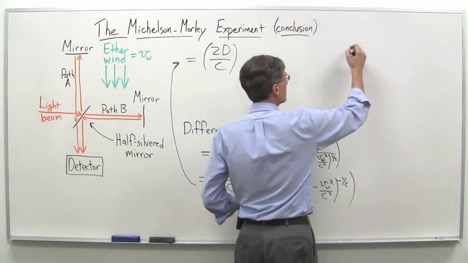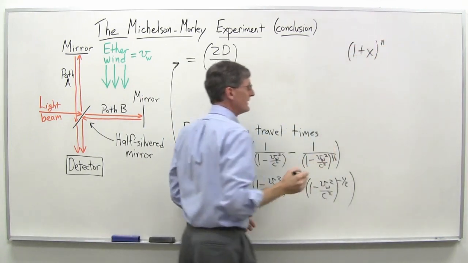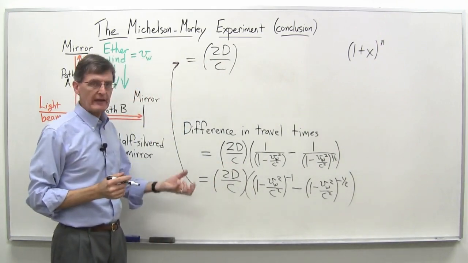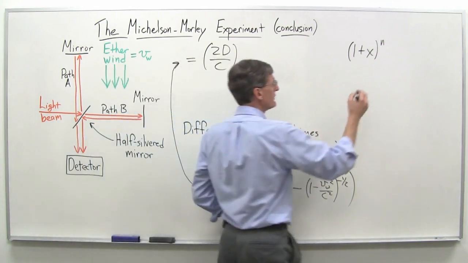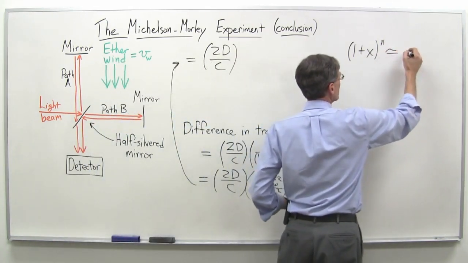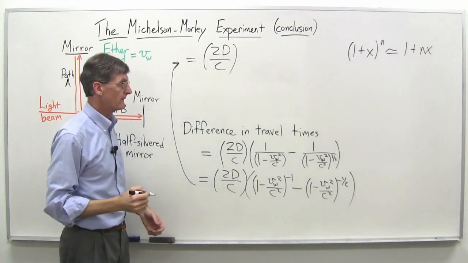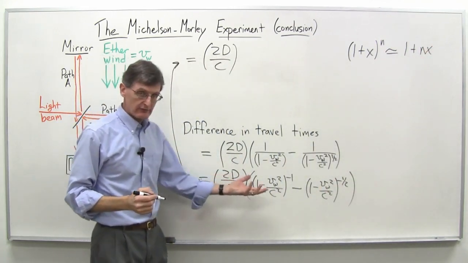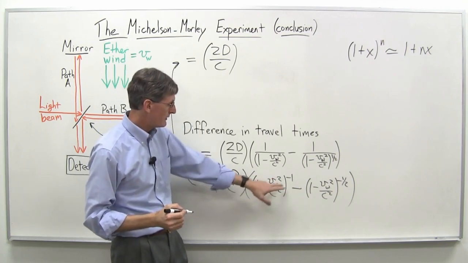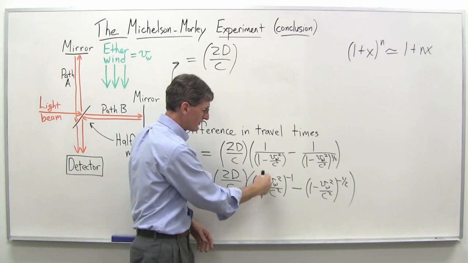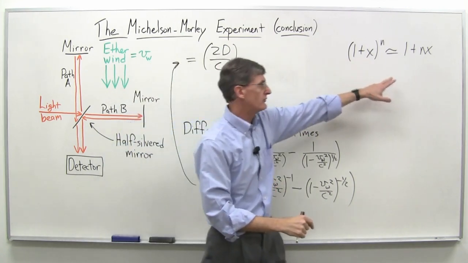When we have something like 1 plus x to the n, if x is much smaller than 1, then we can write this as approximately equal to 1 plus nx. Okay? And note, this is why I rewrote this here. This is the form we have. Essentially x in this case is VW squared over C squared. And if I have a minus sign here, this just becomes a minus there.